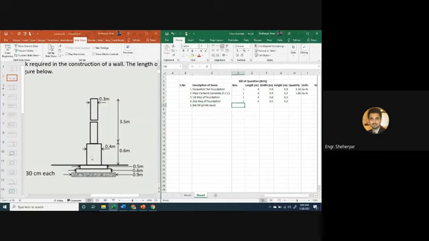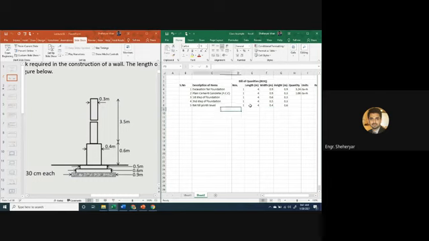I'm actually considering this volume. So numbers will be 1, length will be 4 meters, width will be, how much will be the width? 0.4 meters. And what will be the height now? 0.6.